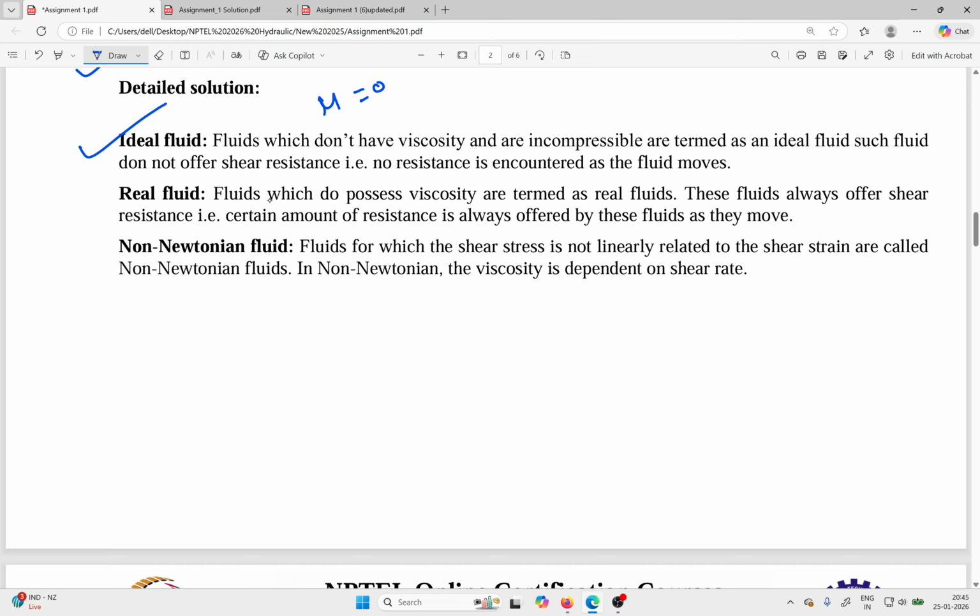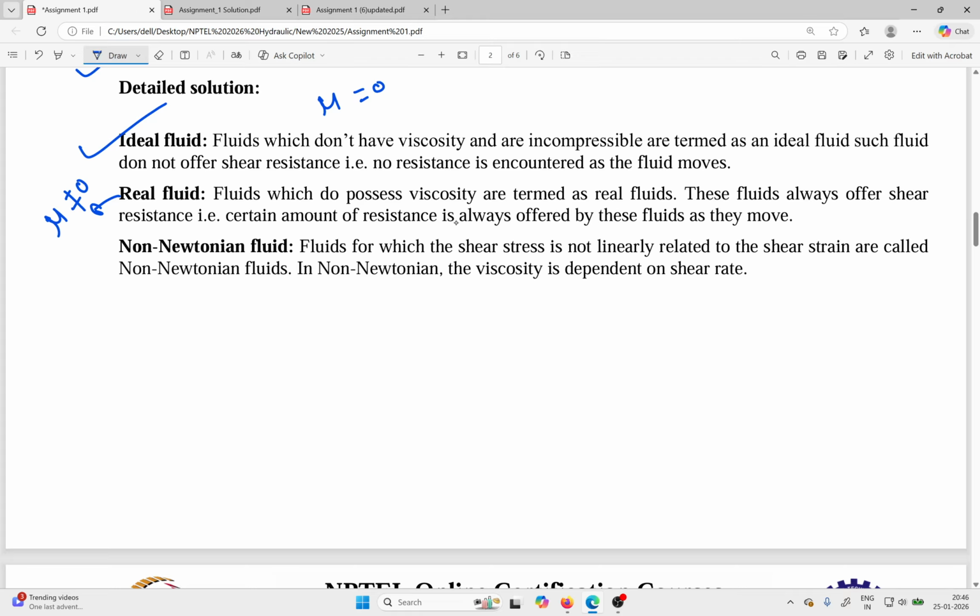Now, real fluid: fluids which do possess viscosity are termed real fluids. Means your real fluid has some viscosity, not equal to zero. These fluids always offer shear resistance.